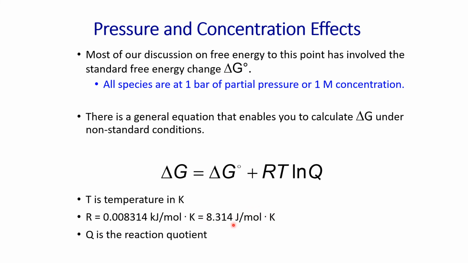That's a little different than the one we were using where it involved atmospheres. Notice there's no pressure term here because we're taking it into energy terms. Just be careful which one you're using because you want it in energy terms. You could do it in joules per mole K, or I've converted it to kilojoules per mole K. I hardly ever see anybody do this, but that is an approach that would be valid. Q is your reaction quotient, products over reactants, and then take the natural log of those.